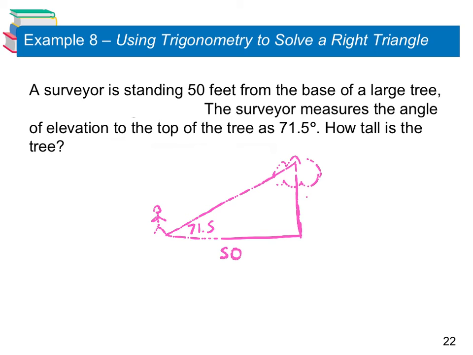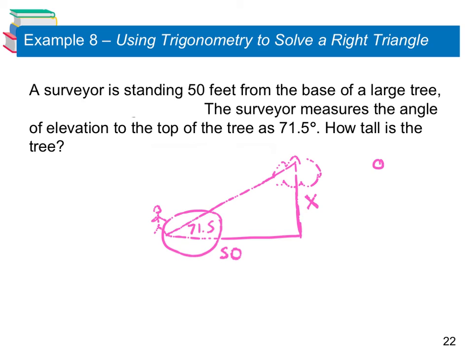So we need to use our trig function to help us find x. If this 71.5 is theta, is x adjacent, opposite, or hypotenuse? X is opposite, and 50 is adjacent. So which trig function uses opposite and adjacent?